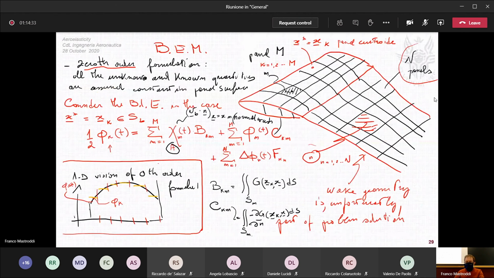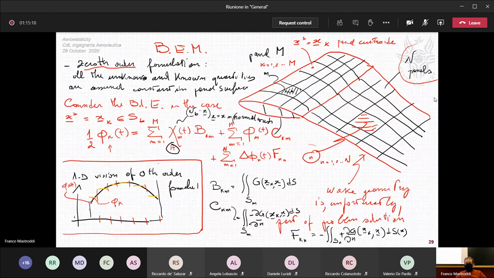I am defining f_kn, like Naples, and this is equal to minus the integral on the surface n of the wake, this here, minus, only one minus, dG on the n, evaluated at x_k and x variable of integration in the S. This S is a function of x.